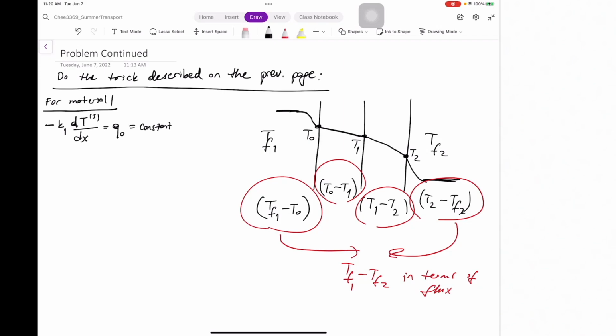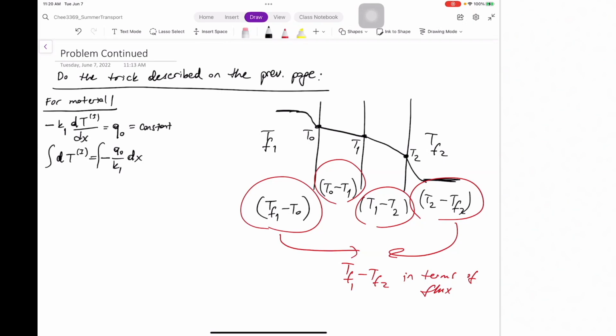How do we know that Q0 is constant? Because it came out to be so in the shell balance, if you remember. And from here, if you rearrange this, dT1 is equal to minus Q0 over K1 dx.